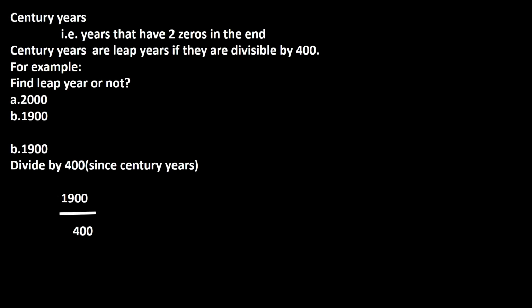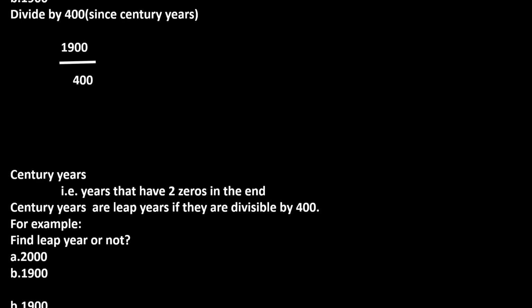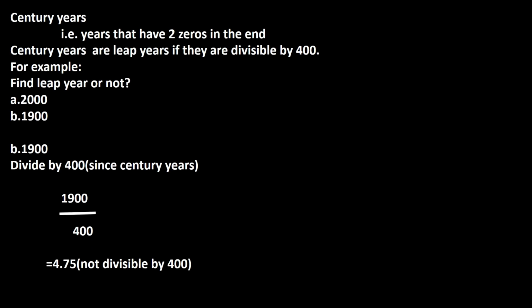So 1900 divided by 400, by simplifying, first we remove two zeros from the denominator and numerator that are in common, and again by simplifying 19 by 4 we get the answer as 4.75. So here it is not a whole number, there is a decimal point. So this is not divisible by 400. So thus 1900 was not a leap year since it is not divisible by 400.